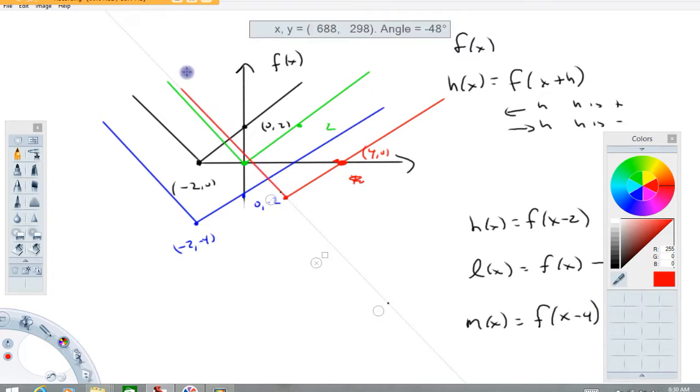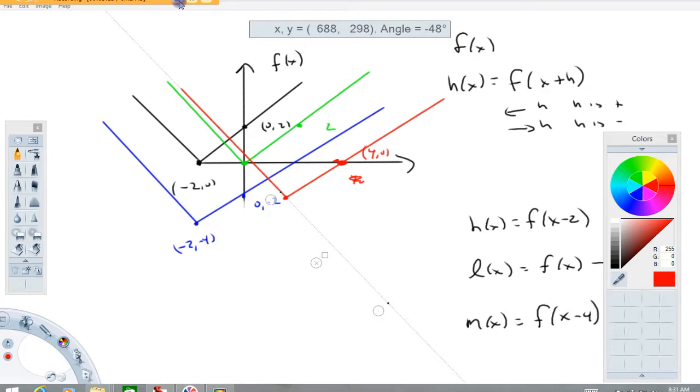Something like that. So this red graph looks something like that. I don't see any reason to believe it actually goes to the origin or anything like that. Actually, let me think about that for a moment. I'm going to pause this while I think about that.